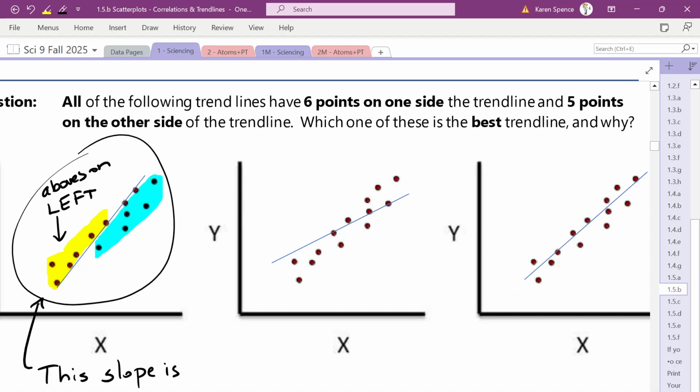You don't want that. Okay? You don't want all the aboves on the left and all the belows on the right, because it means your slope is either going to be too steep or too shallow.